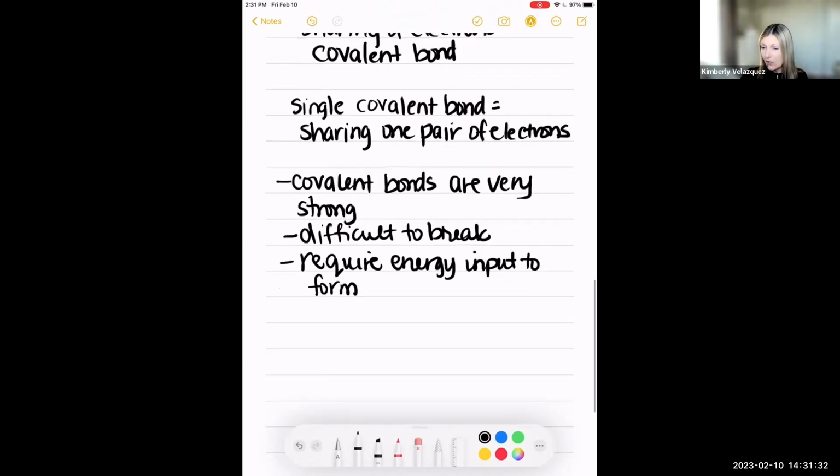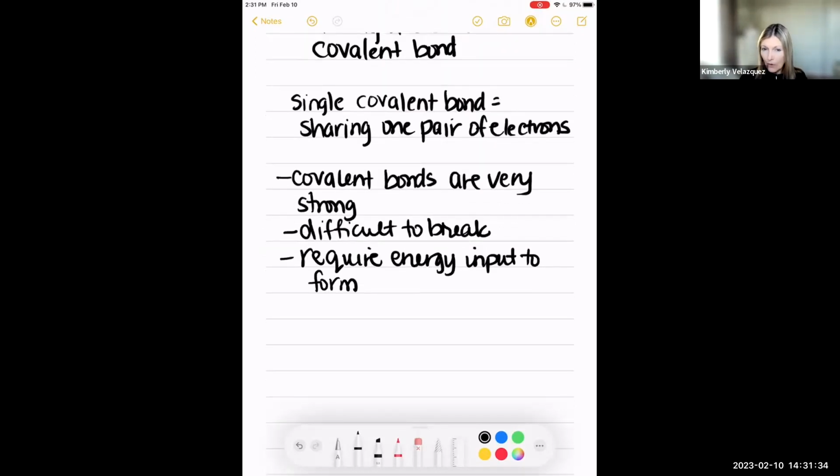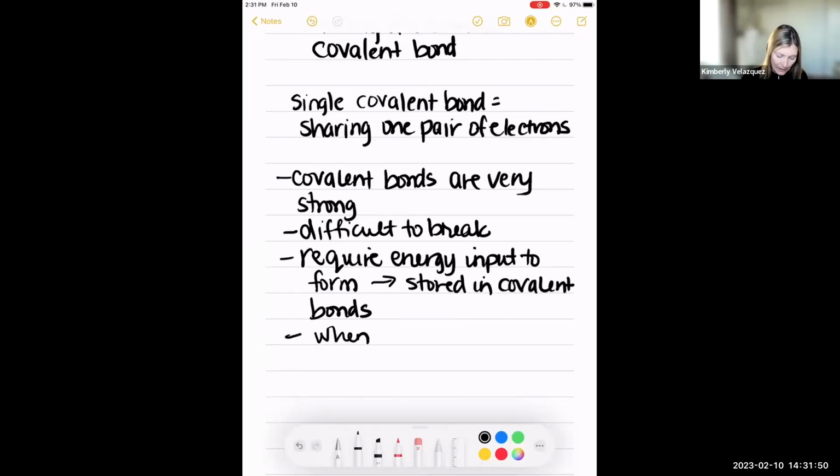That energy gets stored in the covalent bond. So that energy input is now stored in the covalent bonds. And when those bonds are broken, specifically the covalent bonds is what we're talking about, energy is released.